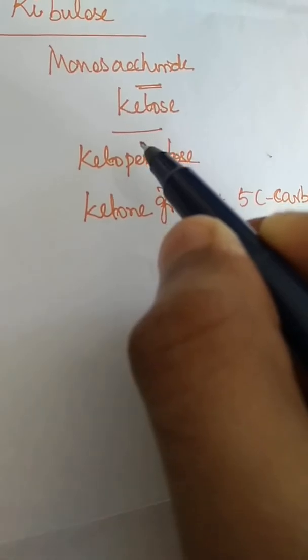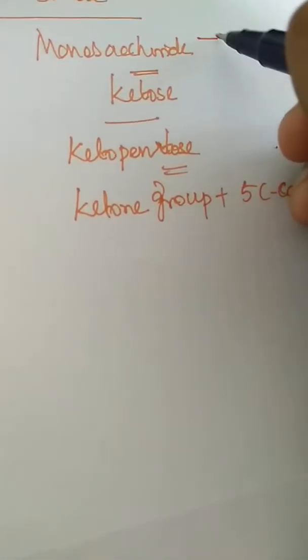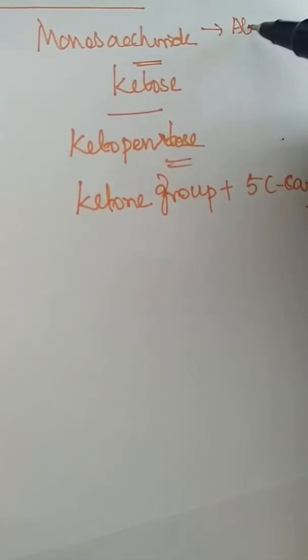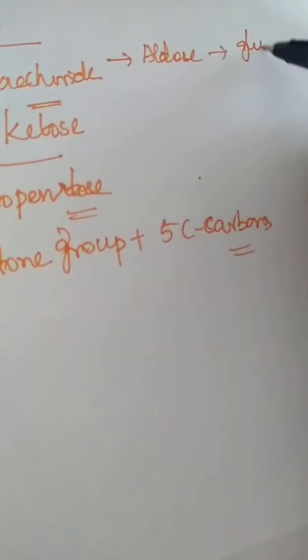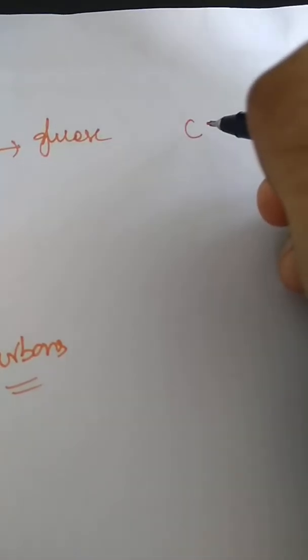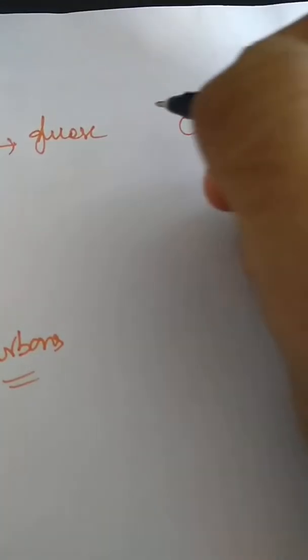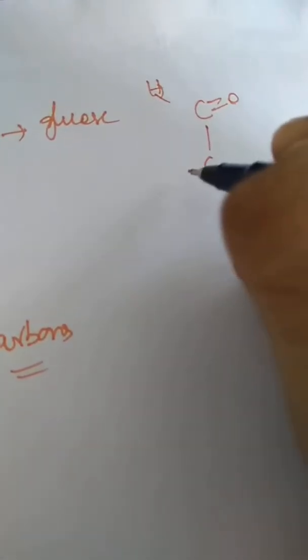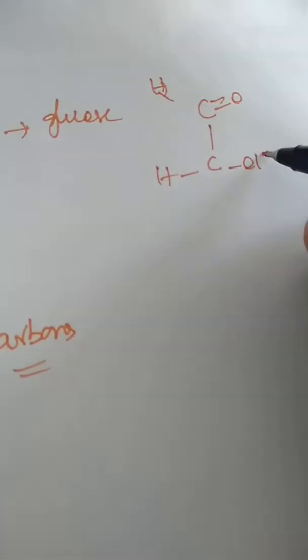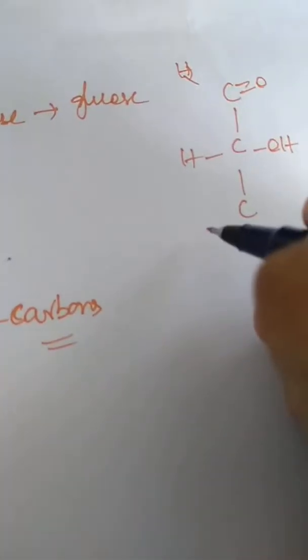It's a ketose. Saccharides are of two types, aldose and ketose. Glucose is an aldose. If you actually write the structure of glucose, it is something like this.